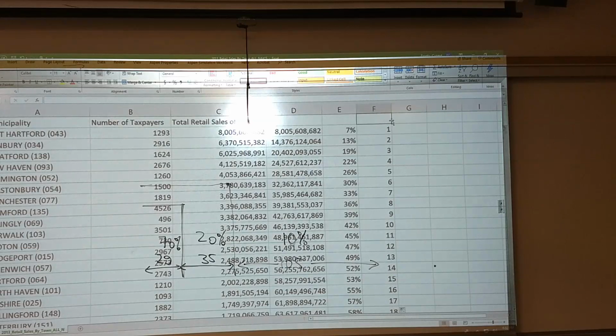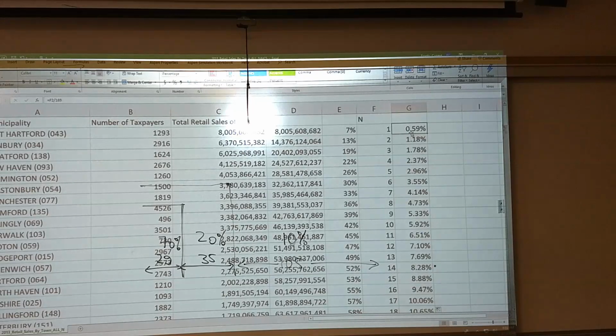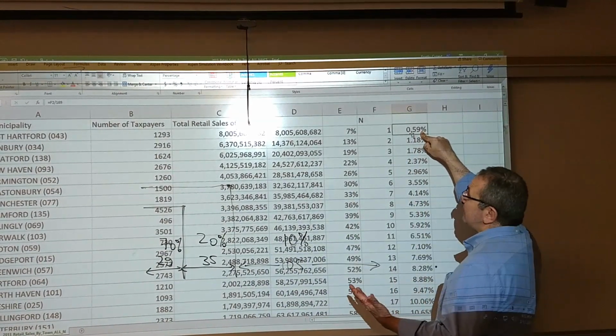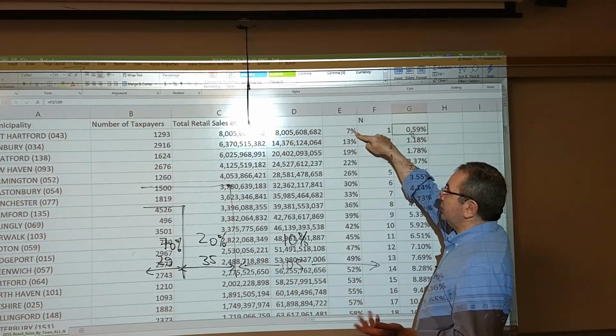So this is municipality, it's just basically the number. And what is the percentage of this? So this divided by 169. Let's turn this into percentage. Let's increase the decimal point. So 0.59% of counties account for this 7% of sales.